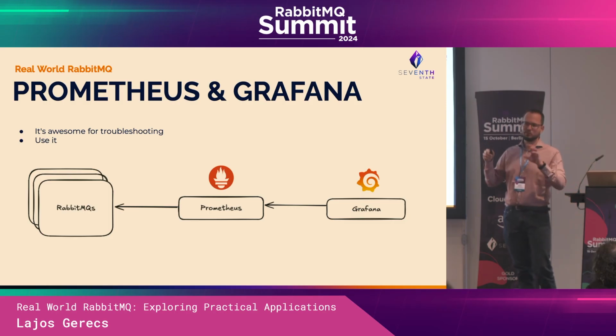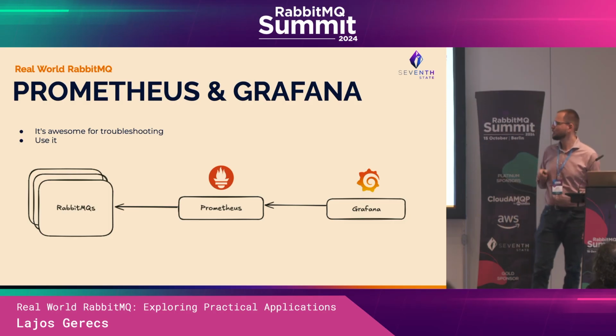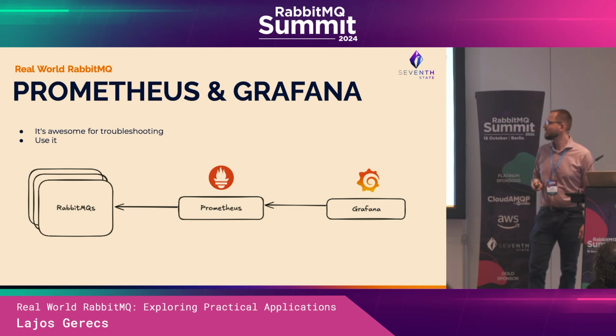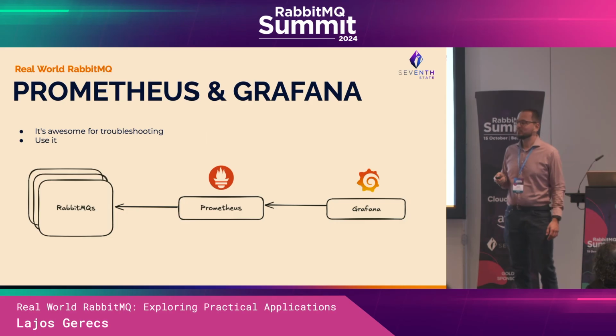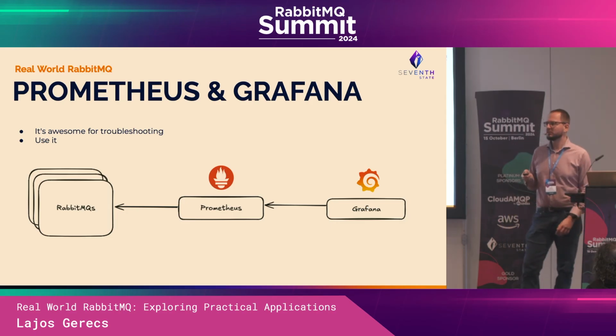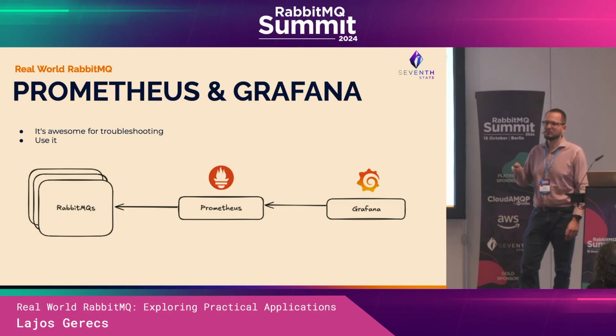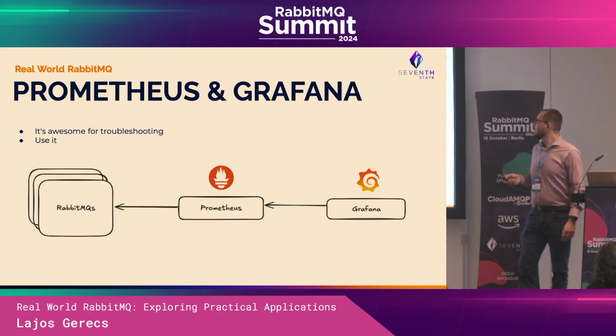I know that when you are looking at it, it kind of looks like it's true, but if you restart the node, the statistics are dropped. So yeah, please use it. It's very good for troubleshooting, and it has historical storage, so we can go back and look at whether it was an actual RabbitMQ issue or something like that.